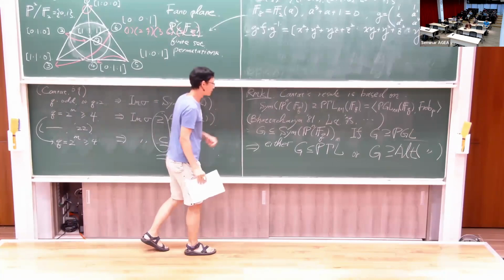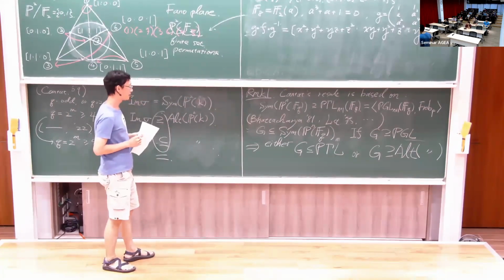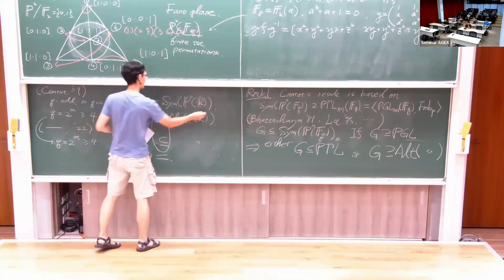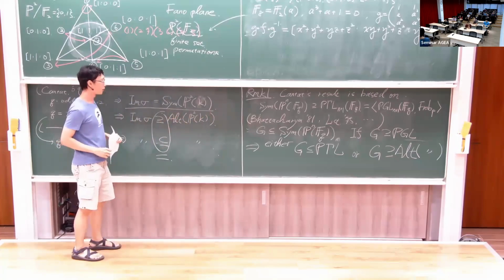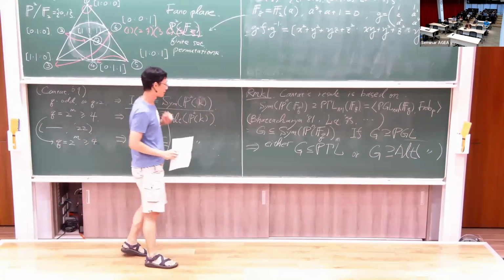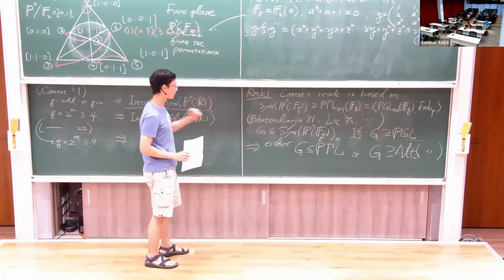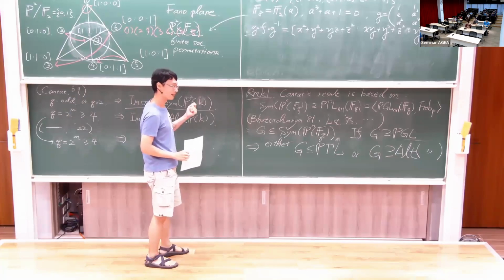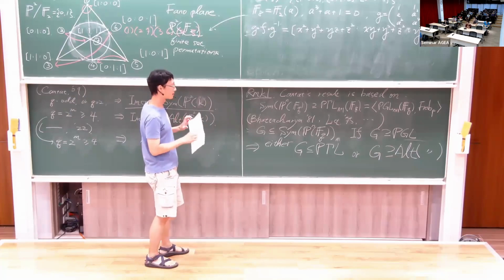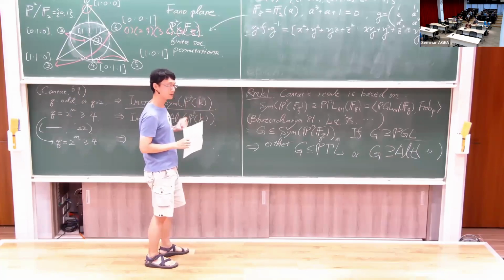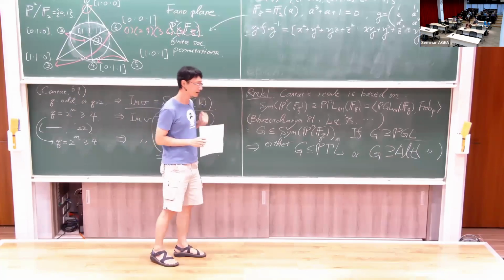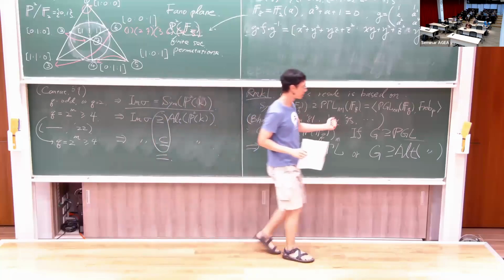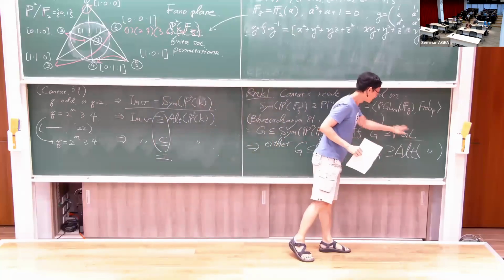So with this result, if you want to show this, the only thing you need to do is to produce one example which is not a collineation. The group of bijective birational automorphisms contains PGL, and if you can produce an example in this group which is not a collineation, this will show that this is the case.